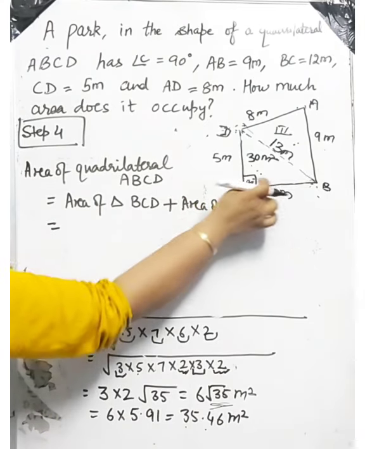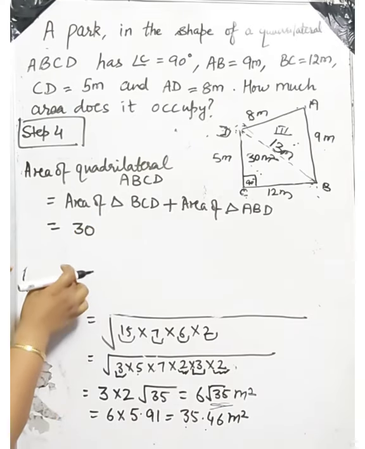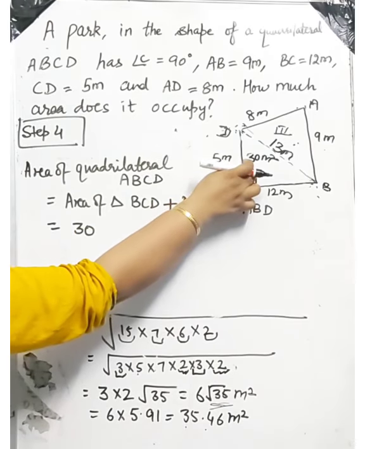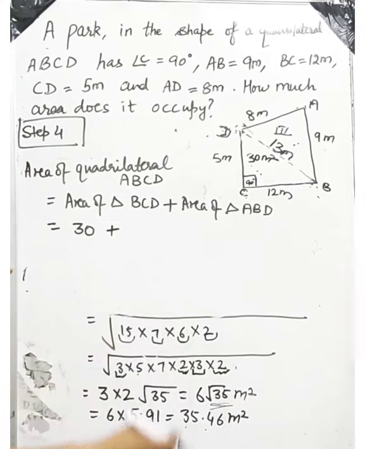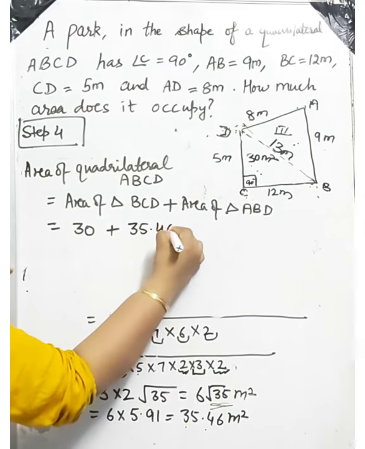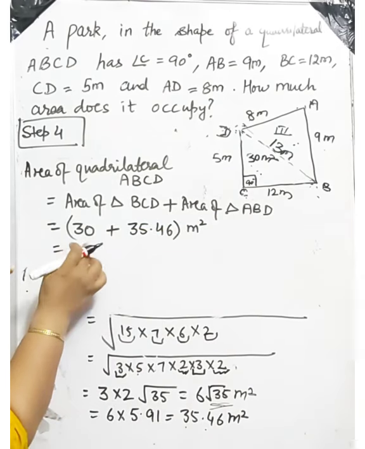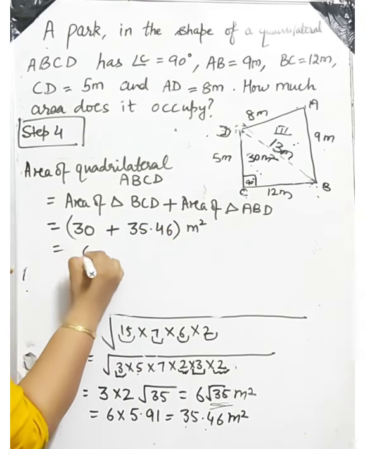Area of triangle BCD is equal to 30 meters square. We have calculated it in the second part. And area of triangle ABD is equal to 35.46 meters square. Now add the area of both the triangles.